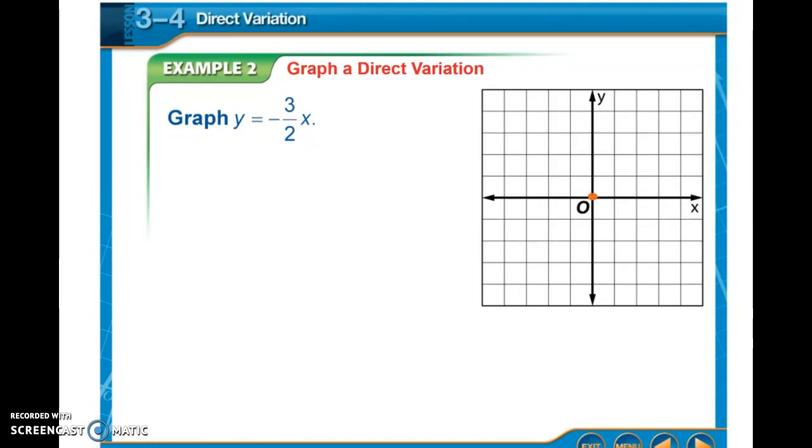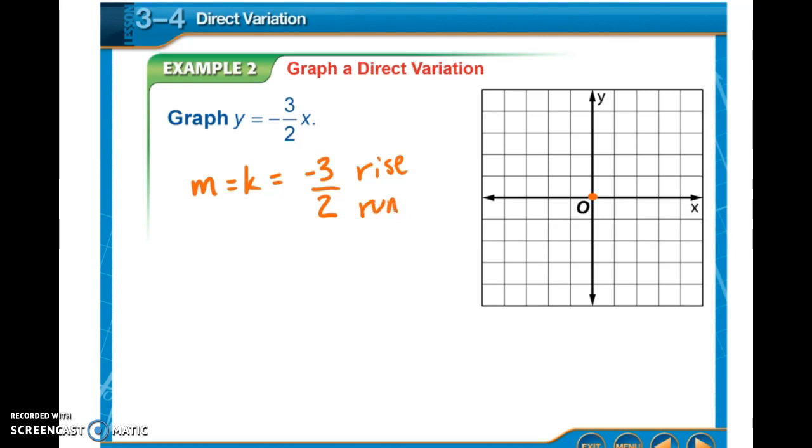And graphing these, there's a couple ways to do this, but one of these is to do this with the points table, or you can do this with slope. So the slope of this equals the k value, which equals, now give the negative to either the 3 or the 2. I always try to give it to the top number in the fraction, negative 3 over 2. So this is the rise, this is the run.